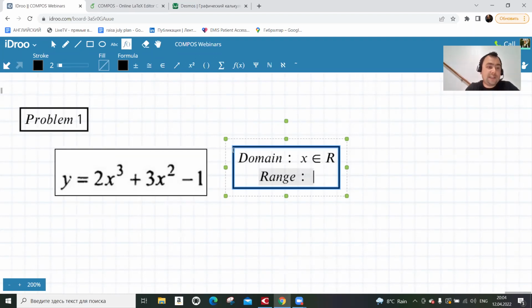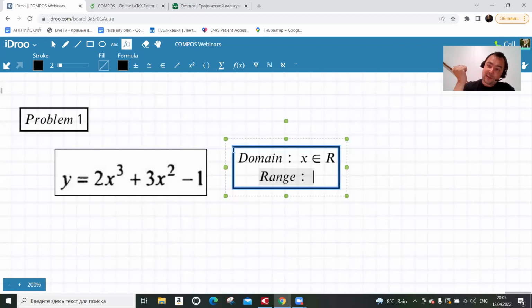Are there any limitations on y? We already know what x cubed looks like, so this is a transformation of x cubed. So probably the range is from minus infinity to plus infinity, so all real numbers. How to check that? You can see what happens if x becomes really big and positive. This becomes really big and positive as well, so plus infinity.